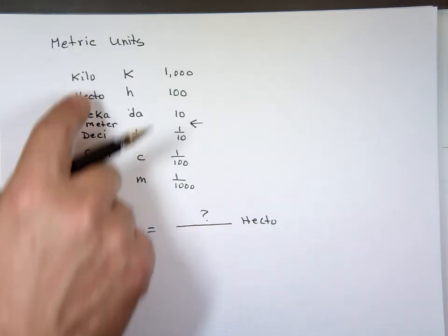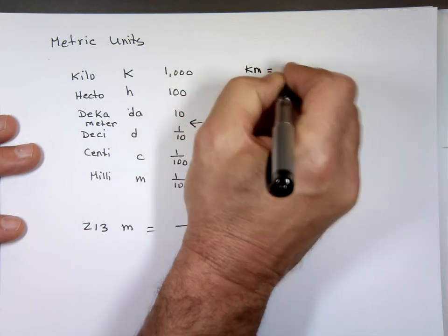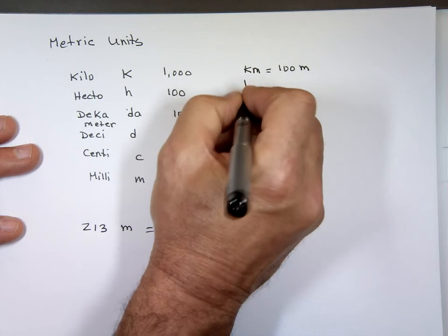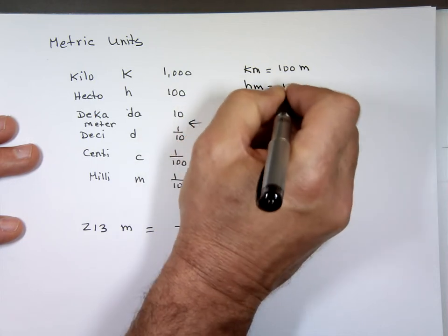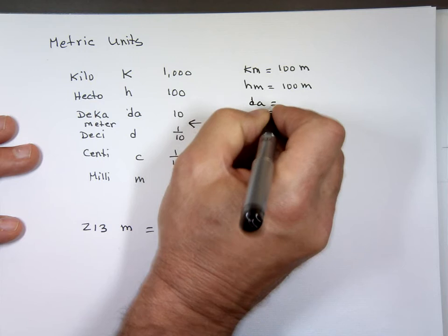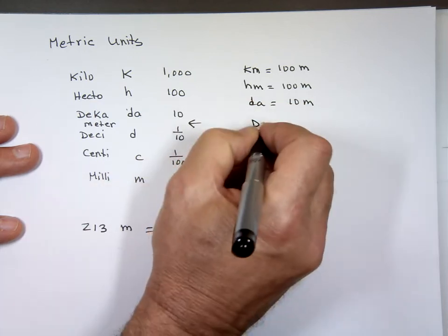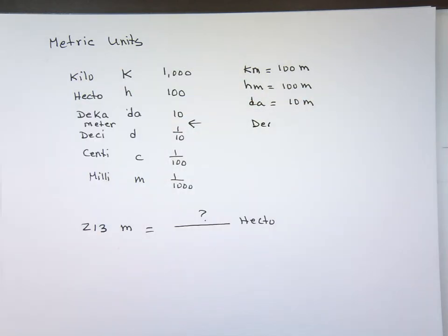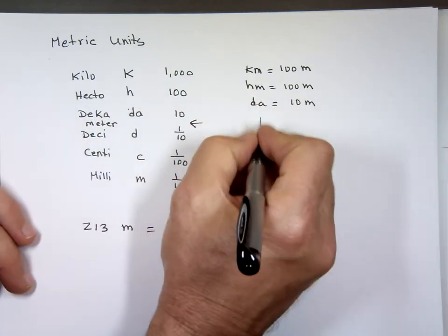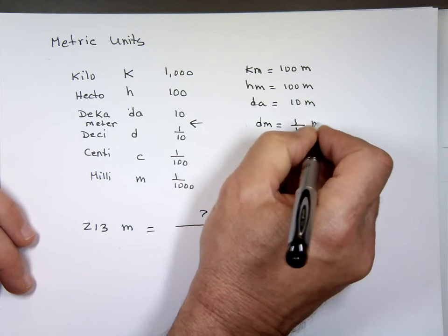And this cheat sheet is a kilometer, so kilometer is 1,000 meters. Hectometers is 100 meters. Decameters is 10 meters. Decimeters, I'm not going to write deci, I'll just go as D. Decimeters is 1/10 of a meter, or 0.1.